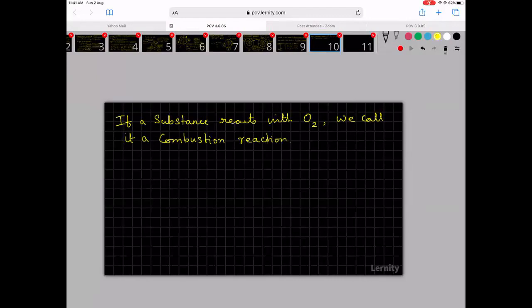Combustion is combination with oxygen, reaction with oxygen.